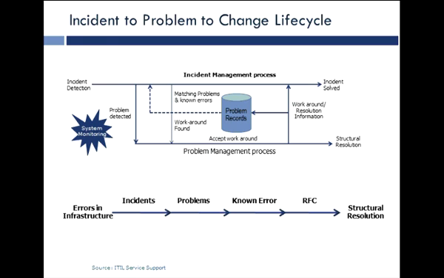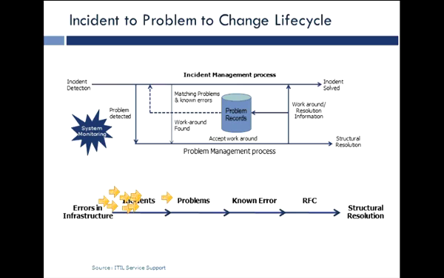Now here's what is known as the expanded incident management cycle. So we're going from the error in the infrastructure, that begins to create incidents in the environment. A whole bunch of customers call in. Then that means we open up a problem ticket. Now, the incidents are still coming, right?